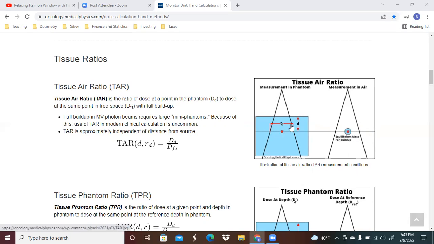So you've got your phantom here, you've got your point. They're both along the same line. So you're seeing the same collimator distance here for both of these. What you want to do is take the tissue part of this, which is some point well within a phantom, and divide it by that some point in free space.